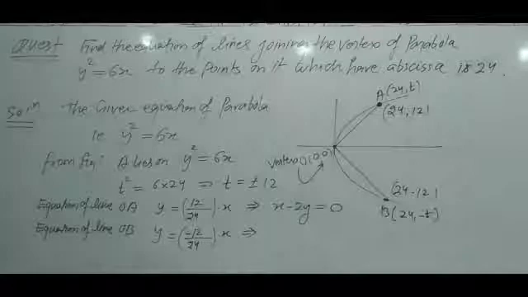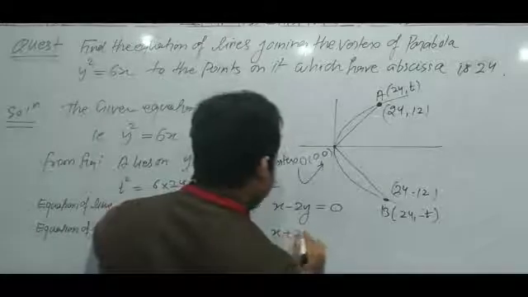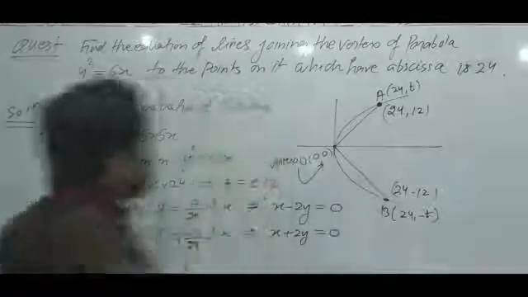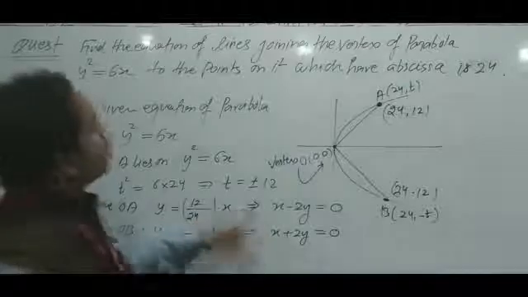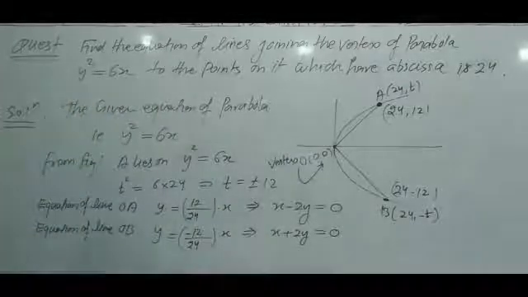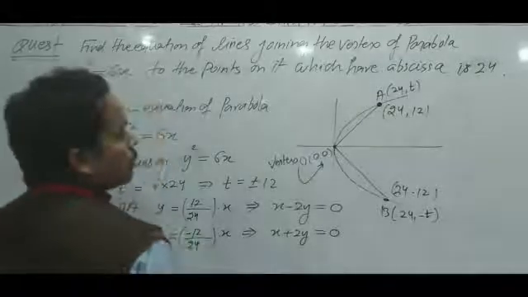So x plus 2y is equal to 0. This is the equation of the lines.